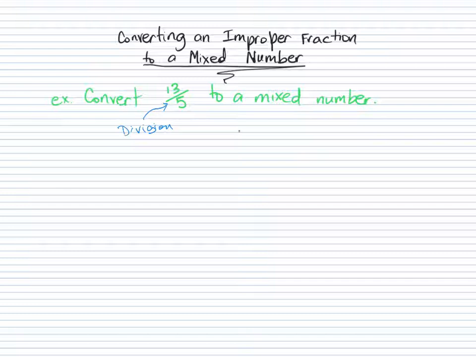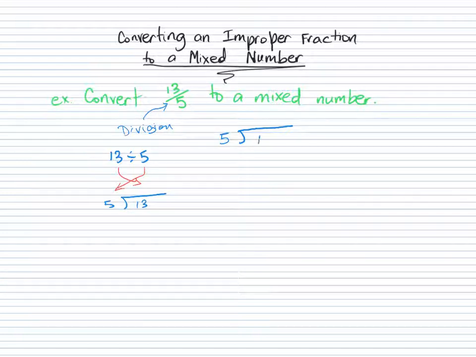So we set up a long division here to divide 13 by 5. Remember that when we're dividing 13 by 5, we crisscross how the numbers go in the division. The 13 would go over here, the 5 goes over here. But let's do it on the right side of the page.